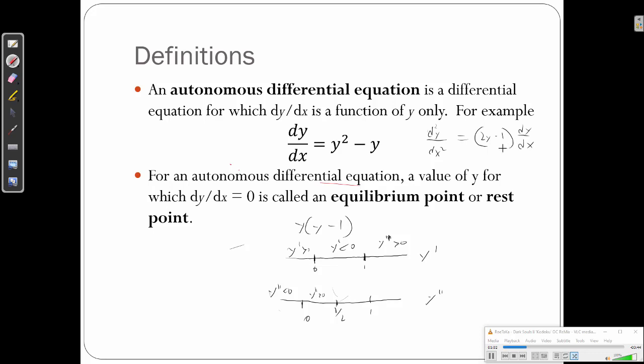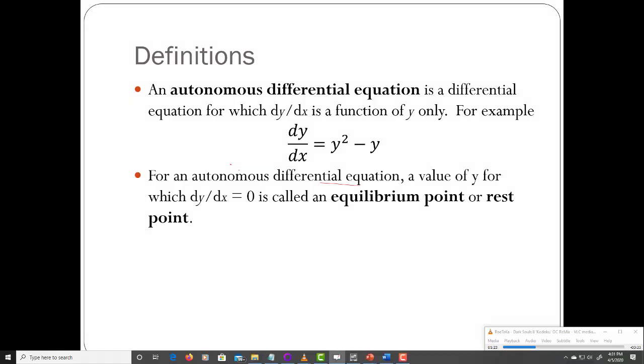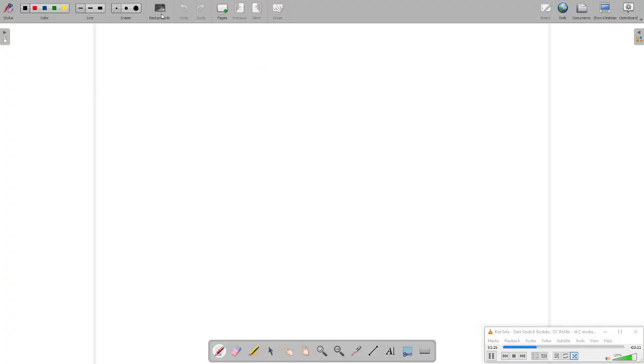Plug in like 0.75, this will be positive, that'll still be negative, so y double prime will be less than 0. And then plug in 2, this will be positive, this will be positive, y double prime greater than 0. So that's the single prime, this is the double prime. Alright, from that, let's go over here and do some graphs.